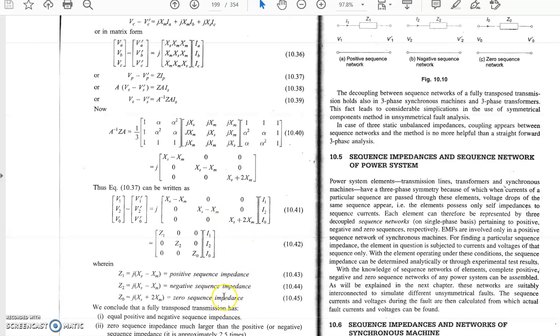To conclude, the positive sequence impedance and negative sequence impedance are equal, with value xs minus xm, and the zero sequence impedance is different, greater than the positive and negative sequence impedance, which is xs plus 2xm, because some value is added to xs, while in the positive and negative sequence impedance some value is subtracted from xs, the series impedance.